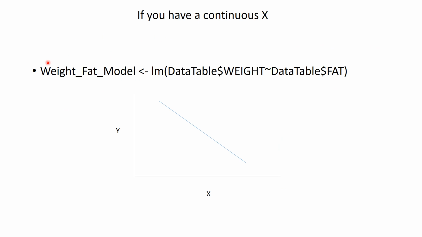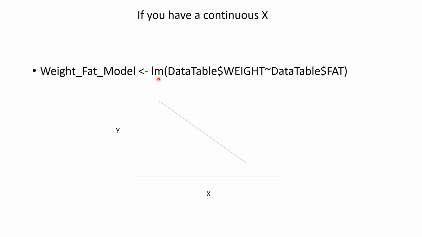I have decided to call it weight fat model. You can call it anything you wanted to. And this symbol denotes that I am creating this new object over here. All right, and I'm saying into this object, place what is on the other side of the symbol, namely the content of a linear model, LM.